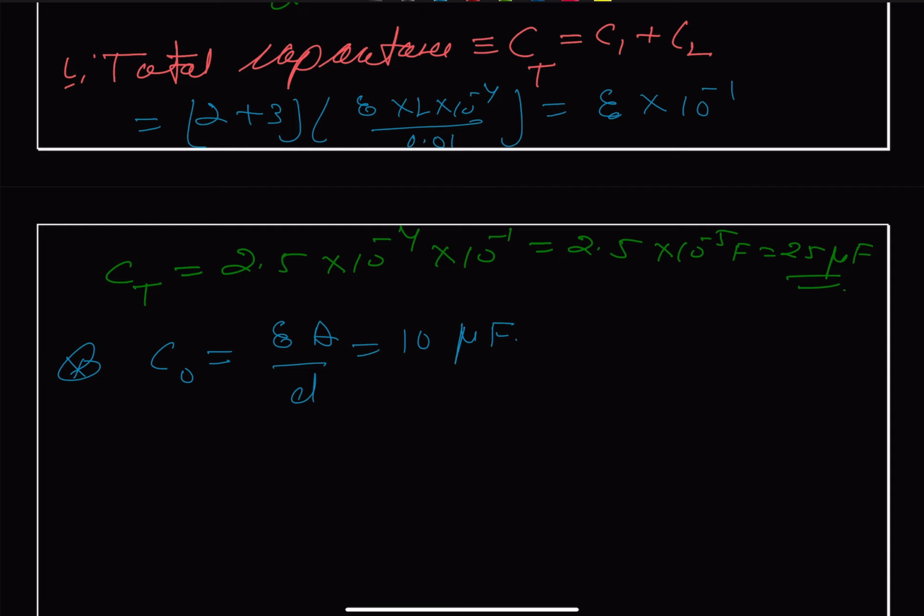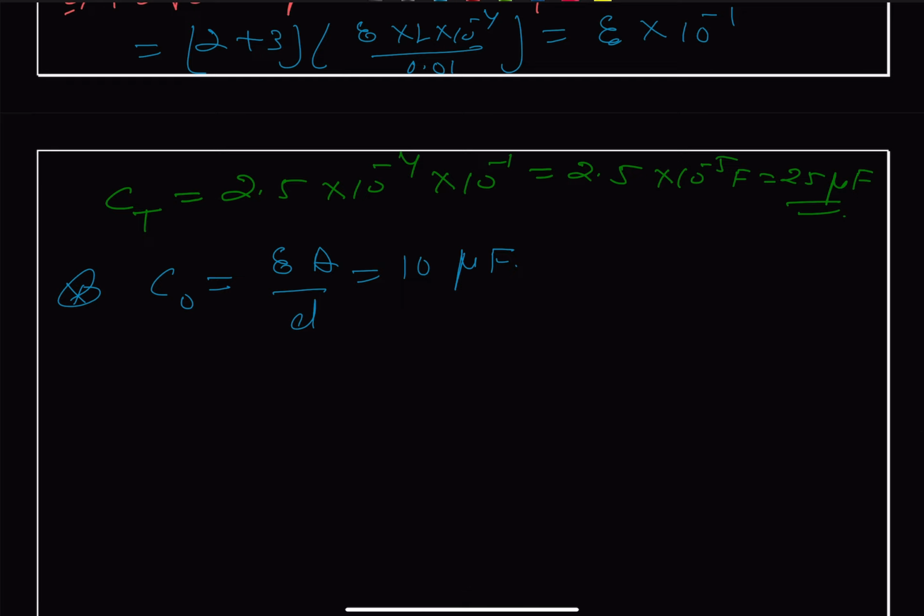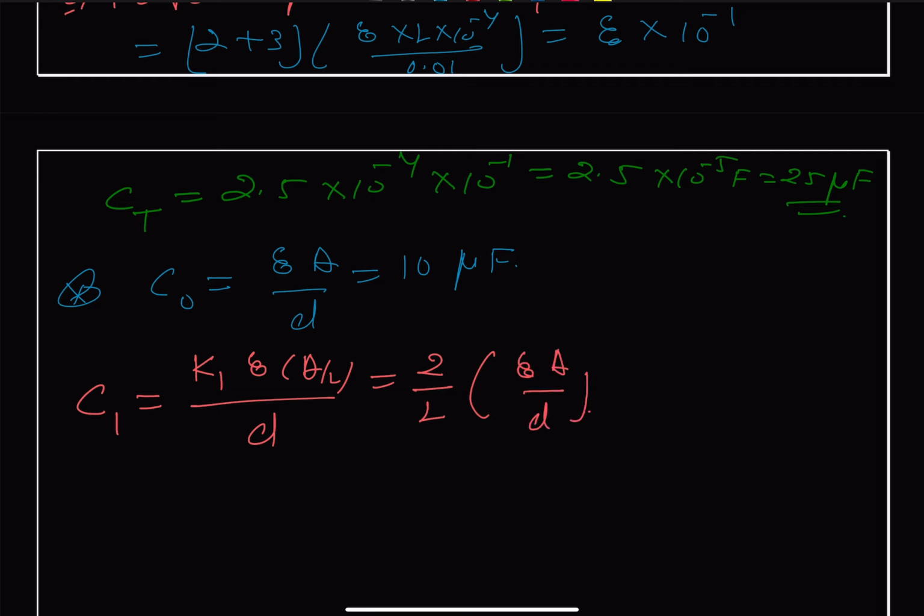Therefore we can find C1, which is K1 epsilon naught A upon 2 and D. This comes as 2 upon 2 times epsilon naught A upon D, and epsilon naught A upon D is nothing but our C naught, whose value is 10 microfarad.